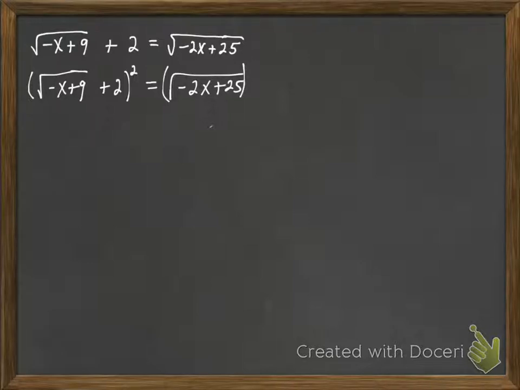Now, when we square both sides over here, on the left-hand side, that's going to be that stuff times itself. So we're going to have square root of negative x plus 9, plus 2 times the square root of negative x plus 9, plus 2.